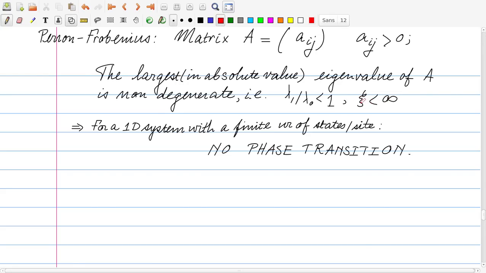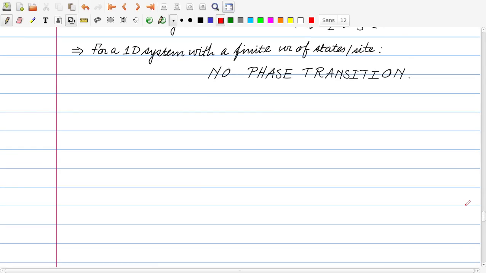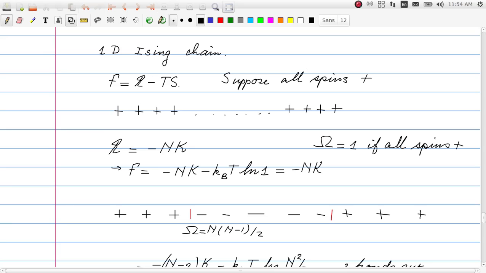And therefore, for a 1D system with a finite number of states, this matrix is a finite matrix, and the Perron-Frobenius theorem should apply, and therefore the correlation length is always finite, and therefore a one-dimensional system does not exhibit a phase transition. So is there a way we can understand that?